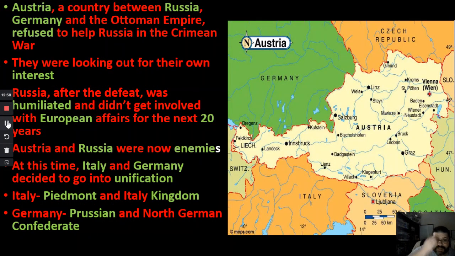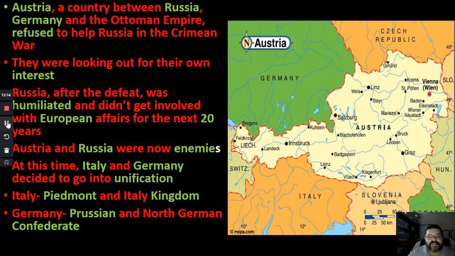Now, not everything was hunky dory either for not just Russia and the Ottoman Empire, but another country too that wasn't mentioned, Austria. Austria is a country between Russia, Germany, and the Ottoman Empire. And the thing is, they refused to help the Russians. They were kind of cool with the Russians a little bit.